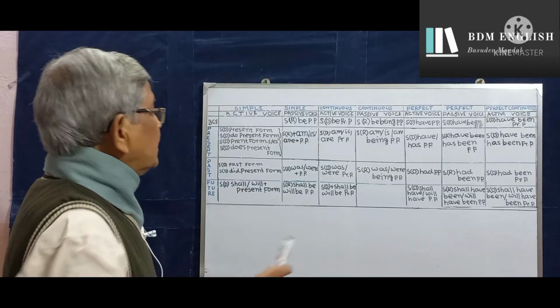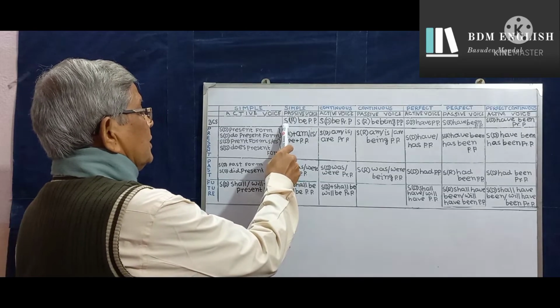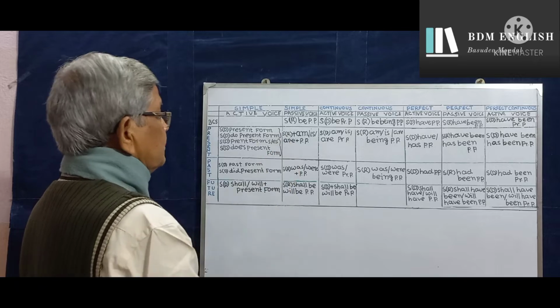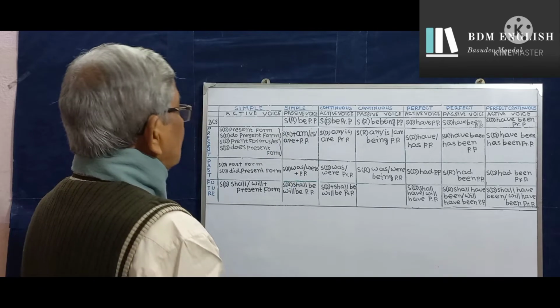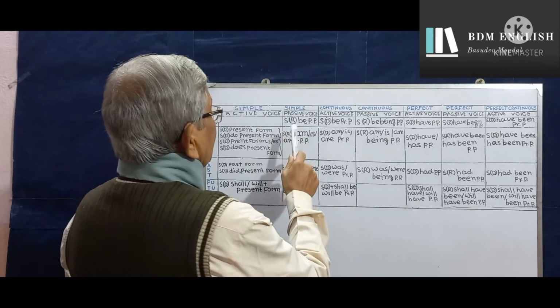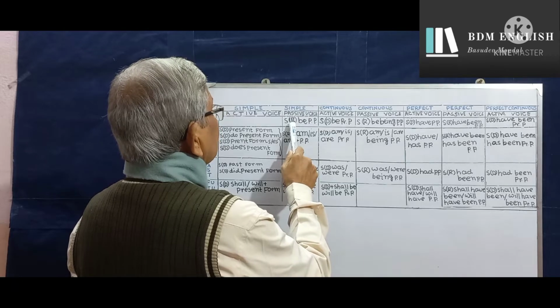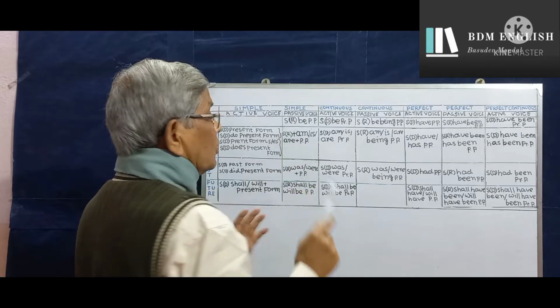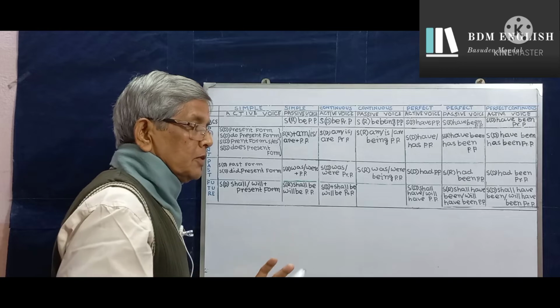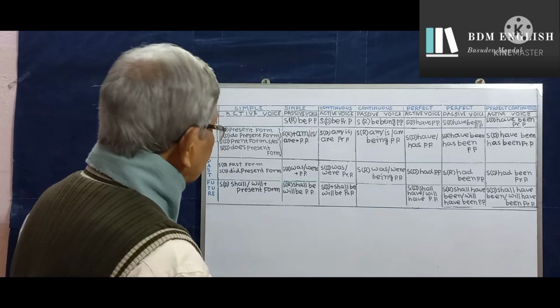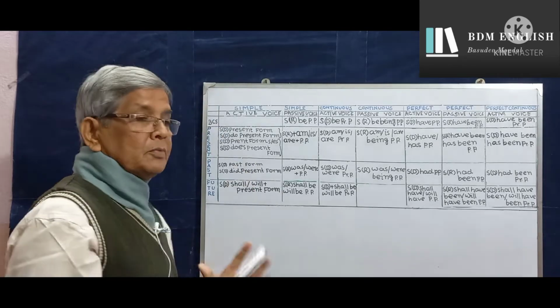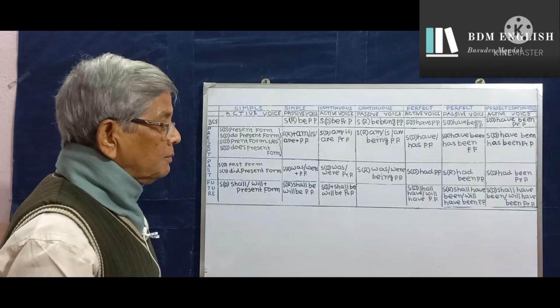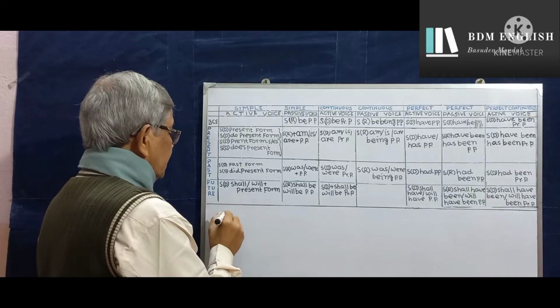Number one, S. The letter S stands for subject. The letter R stands for recipient or the original object of a transitive verb. Interestingly, this original object is also called a patient in grammar.